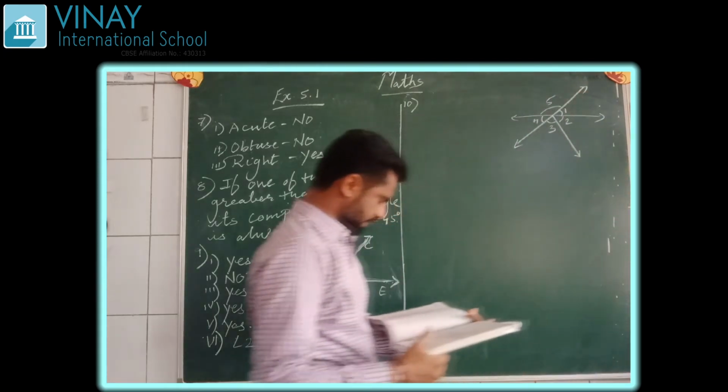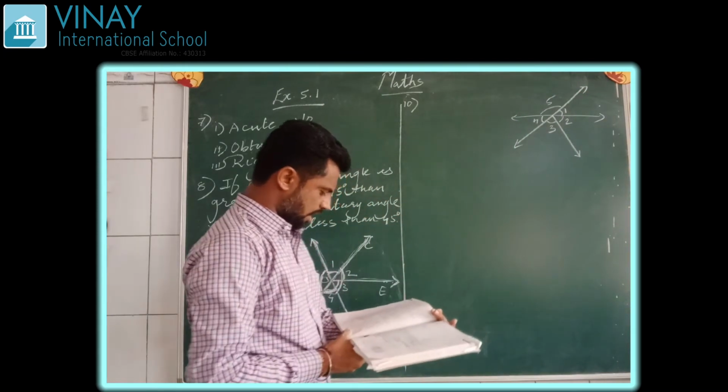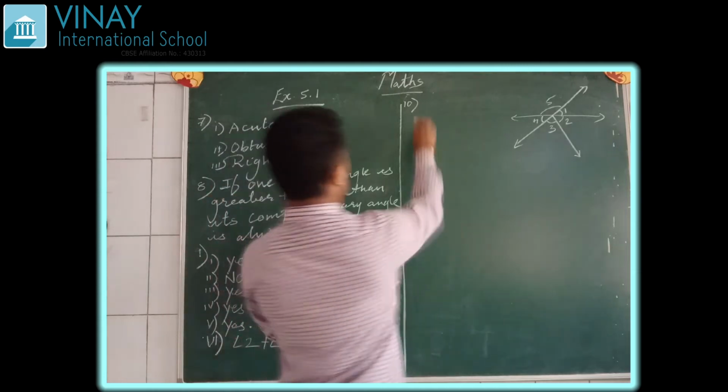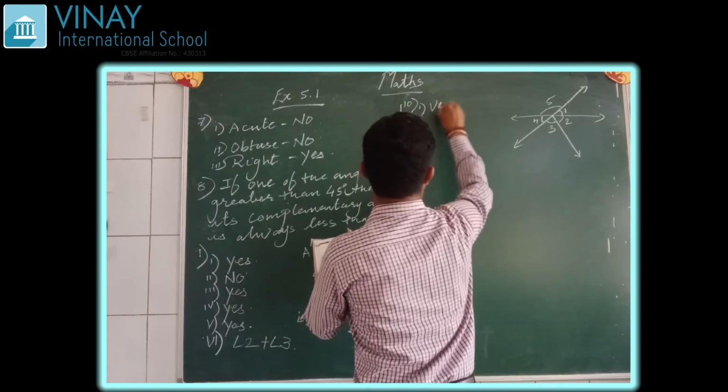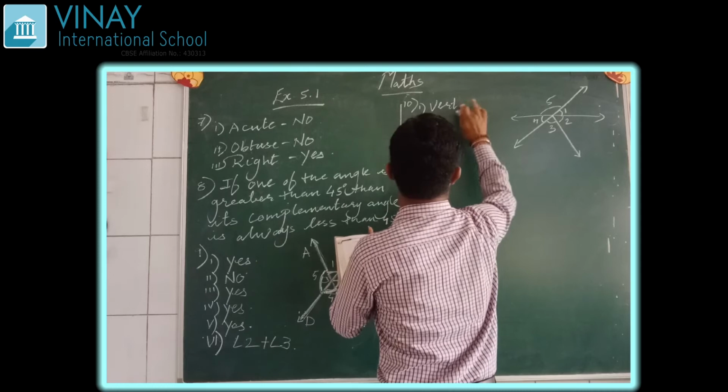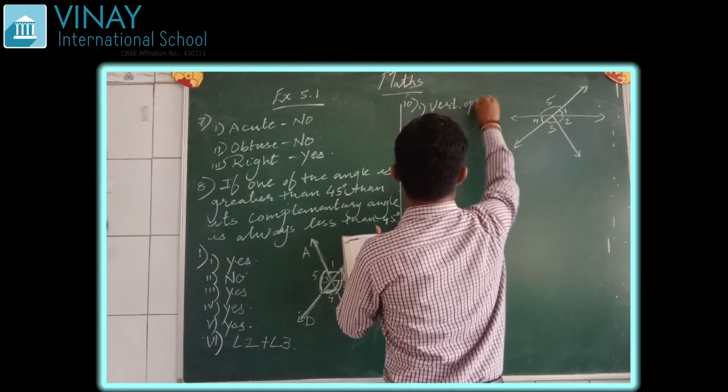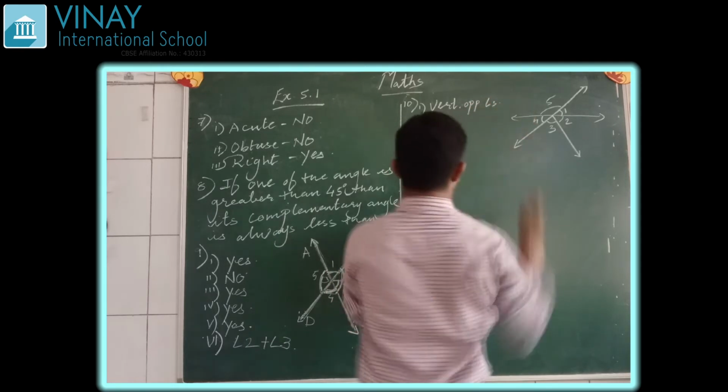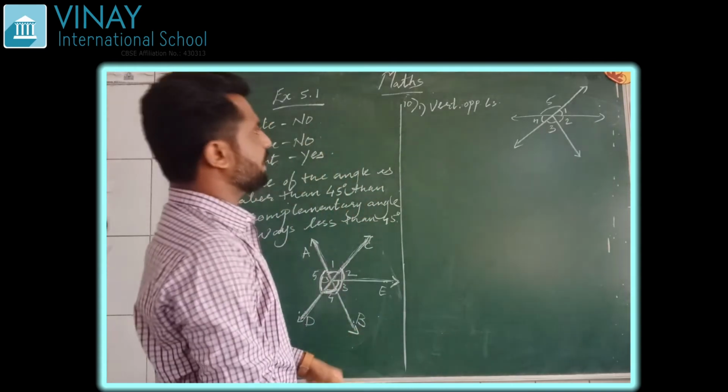Here one figure is given and now we have to find out, first, vertically opposite angles. Which are the vertically opposite angles?